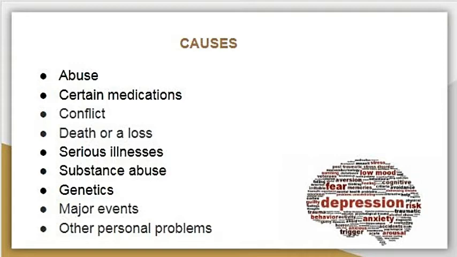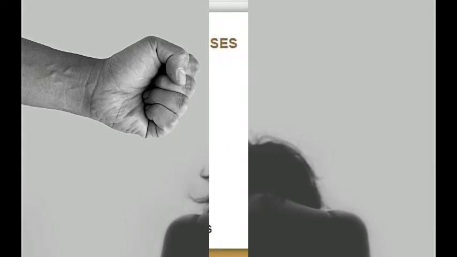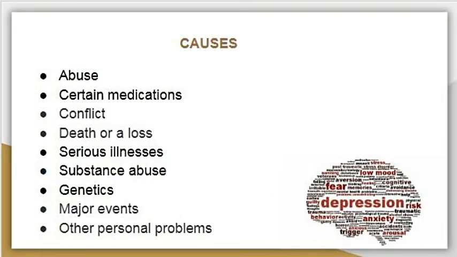Abuse, in particular early childhood abuse, adverse childhood experiences that maybe were never addressed, whether it be physical abuse, emotional abuse, mental abuse, sexual abuse. Abuse meaning a person going through an experience where they feel helpless, they feel hopeless, they feel violated, and that could be at various occasions or it could be ongoing.